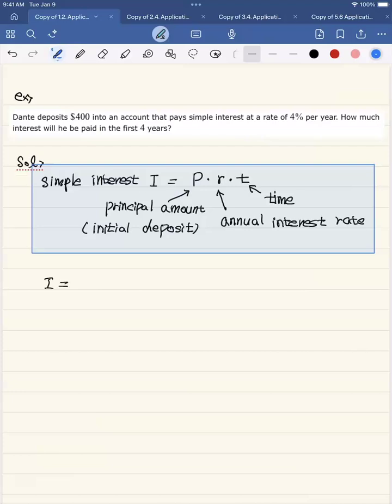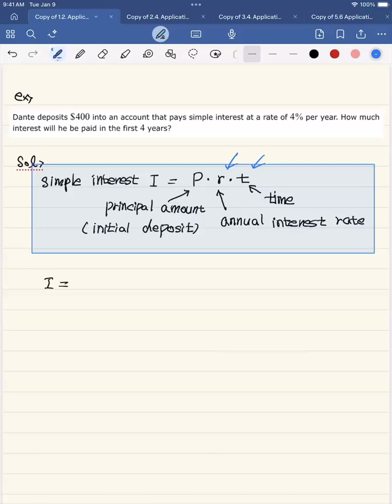In this problem, Dante deposits $400 into an account that pays simple interest at a rate of 4% per year. How much interest will he be paid in the first 4 years? The simple interest formula is principal amount, which is the initial deposit, times annual interest rate, times time in years.